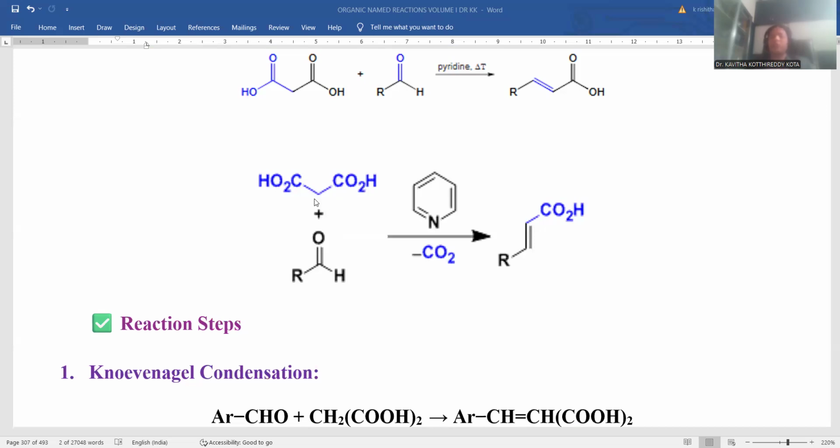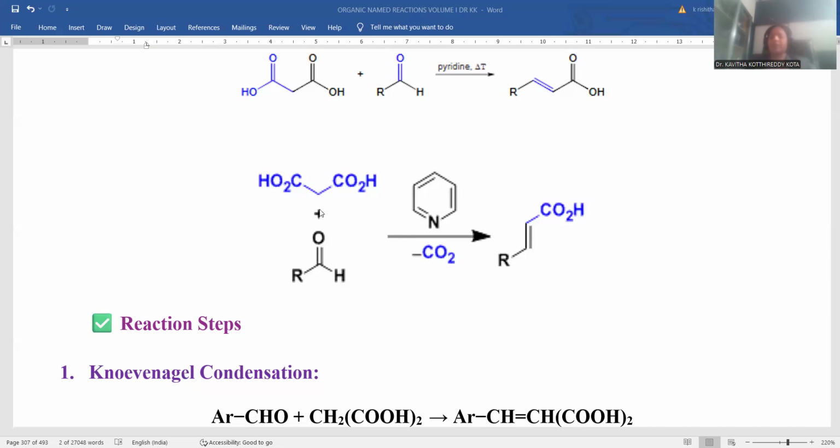So it immediately reacts with this carbonyl carbon atom. Subsequently, dehydration, condensation takes place by dehydration process, so that the double bond originates. Whenever the double bond is located there, one of the carboxylic acids is removed by decarboxylation, so that carbon dioxide is removed as a byproduct.